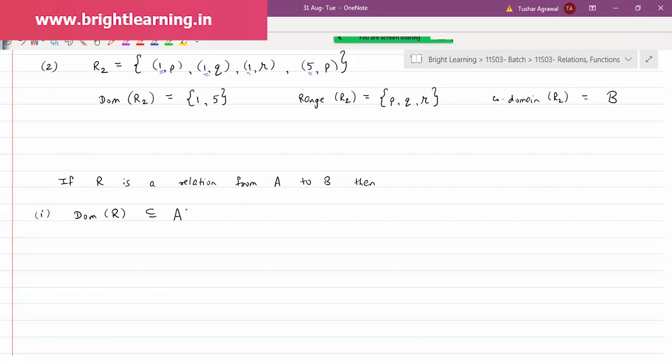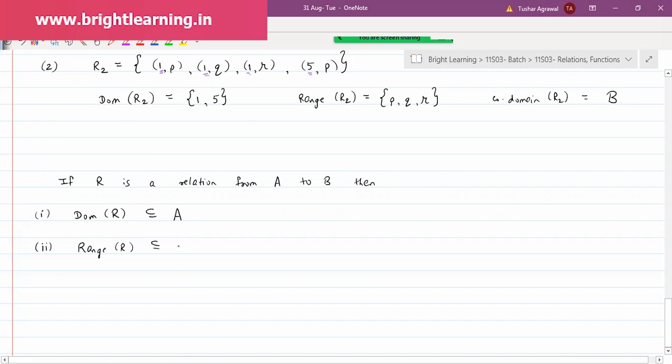It's very clear, because in forming the domain, we are picking some elements from A. It is not necessary that all the elements of A will form an ordered pair. So the domain of R is a subset of A. It may be equal to the complete set A also, but the domain of R will definitely be a subset of A. And second, range of R.